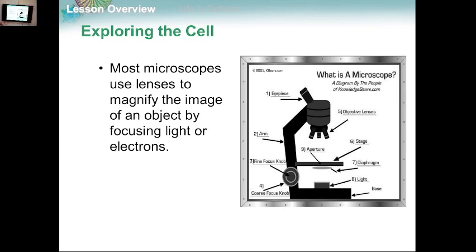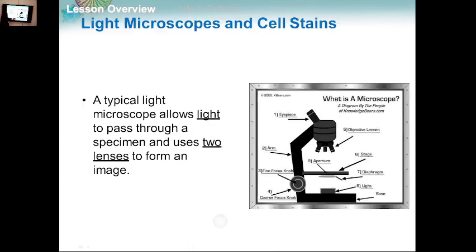We need to know that we have multiple objective lenses with different numbers, and the eyepiece has a specific number. In the beginning, they found the light microscopes, and to see the cells under the light microscope, they need stains.